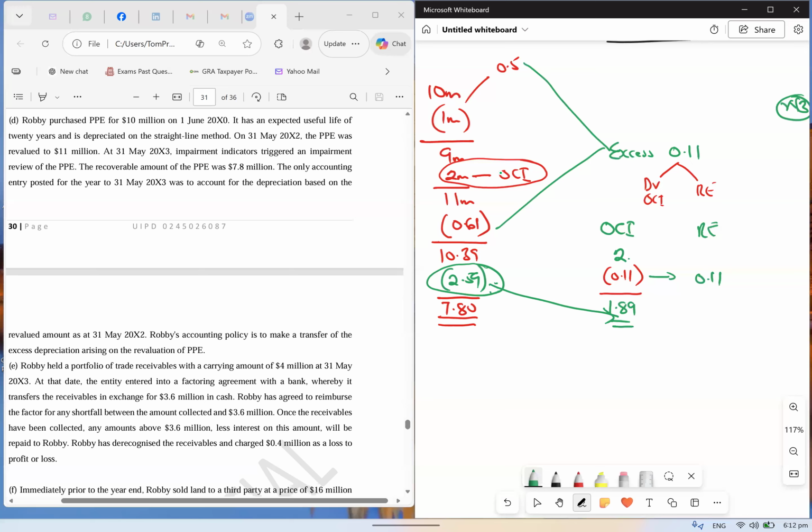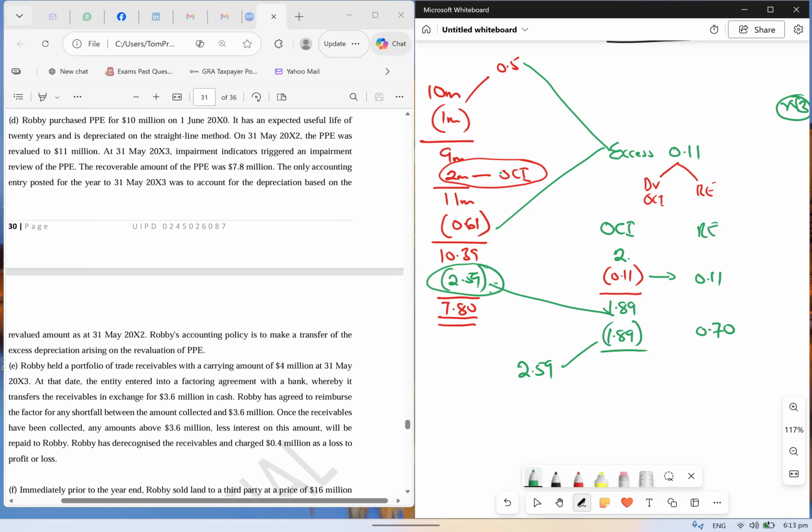So offset it, and let's see. Do the offsetting. How much will therefore go to your P&L? So you are spreading it. This 2.59, you are giving the OCI how much? 1.89. That is what you are knocking off. The remaining is what? 0.70.